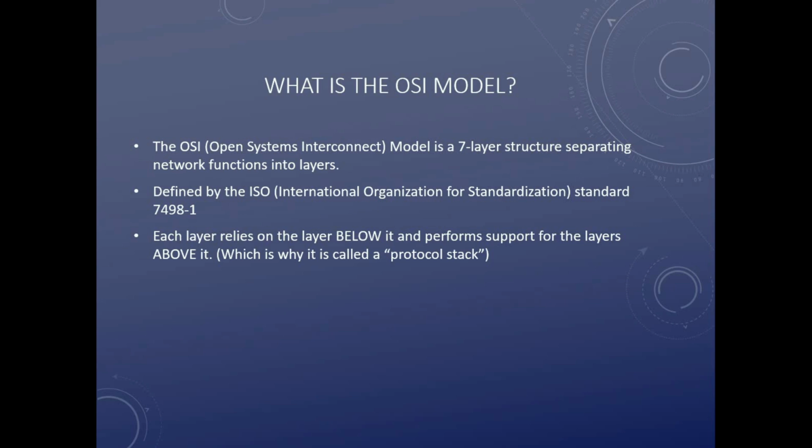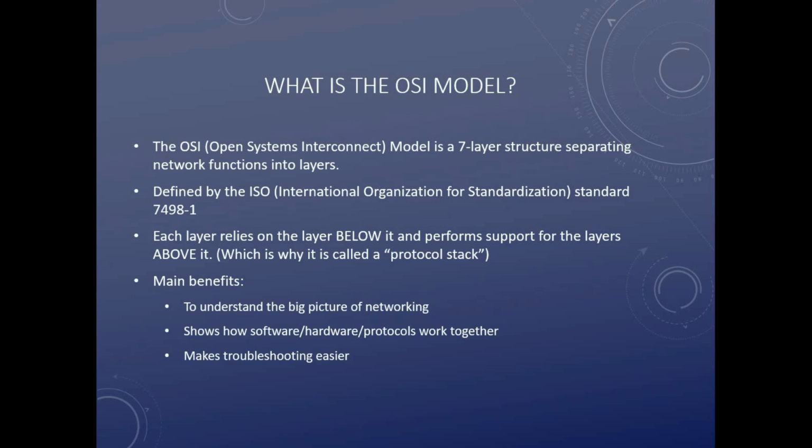Every layer relies on the layer below it and supports the layer above it. That's why we call it a stack. And that stack runs in two directions. There is layer 1 to layer 7, but it doesn't always run 1 to 7. Sometimes it runs 7 to 1.